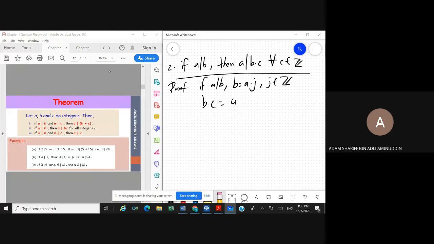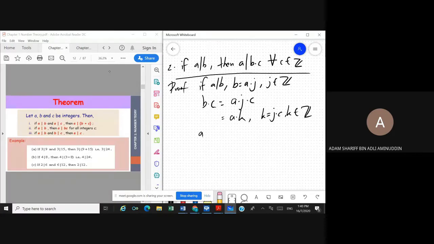It becomes A times J times C. And as C is also an integer, J is also an integer, BC can be made as A times K. What is K? K equals JC. And K is an integer as well, because integer times integer is integer.